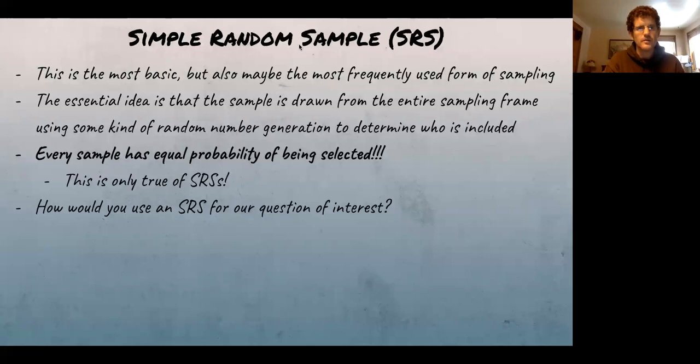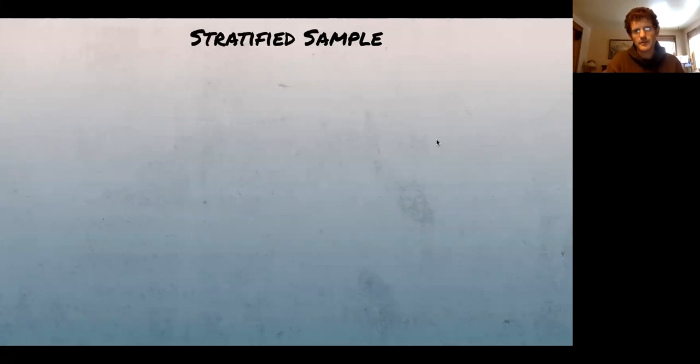So on the next one, we're looking at what's called a stratified sample. And I guess before we do that, are there any questions on anything we talked about up to this point? Okay. The simple random sample, hopefully you agree, it's quite simple.